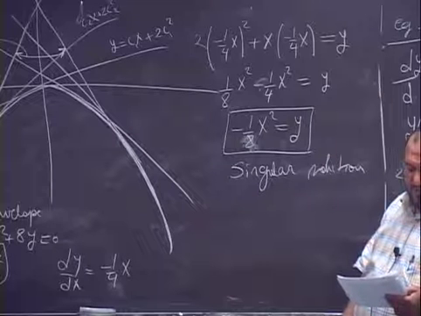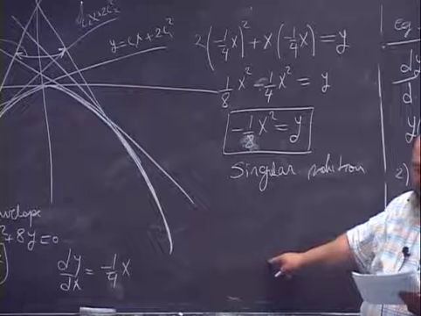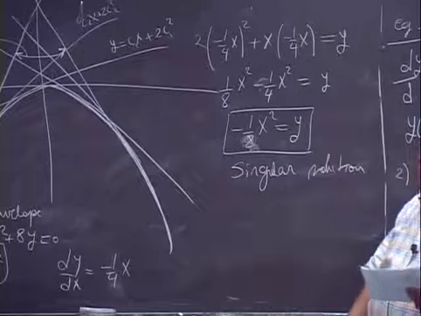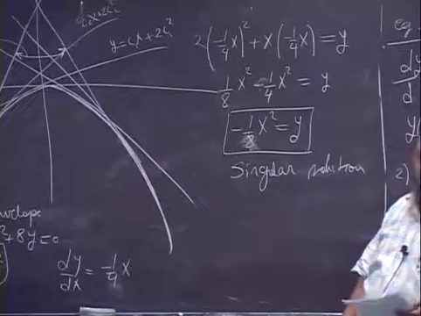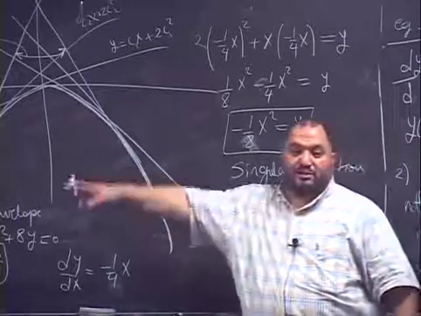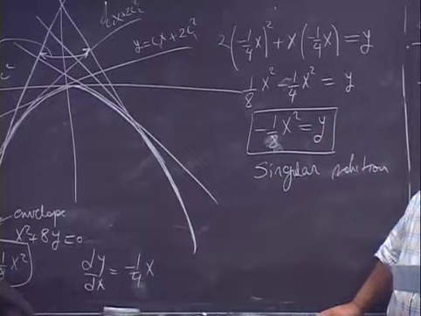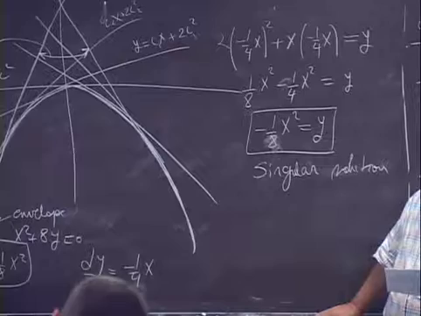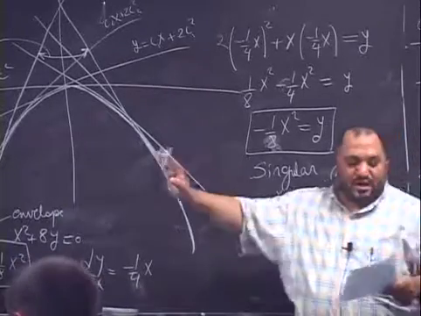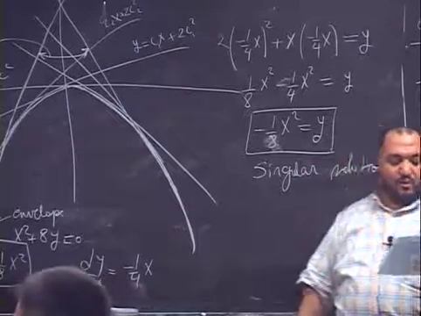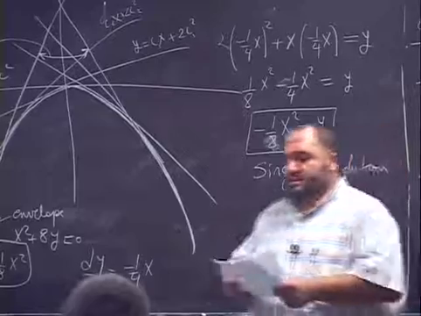And usually the second property is that we cannot have a singular solution for a linear ordinary differential equation. This equation was nonlinear. For linear, we do not have any singular solution. But not all nonlinear differential equations will have a singular solution. So we will stop here and continue next time.